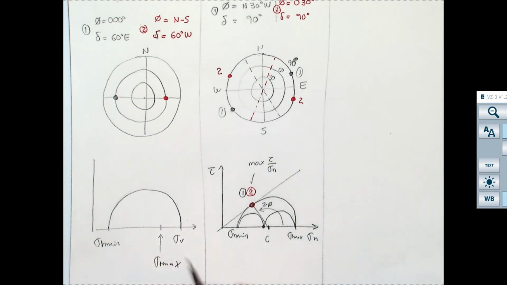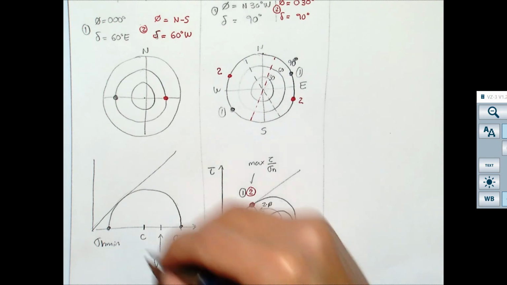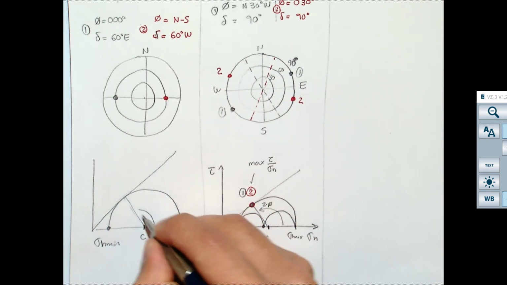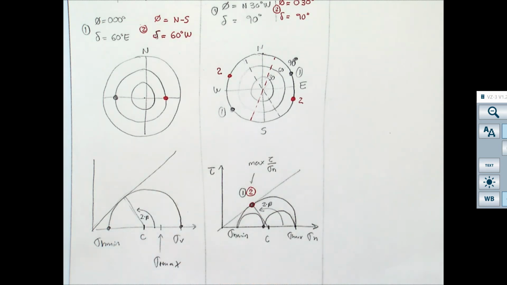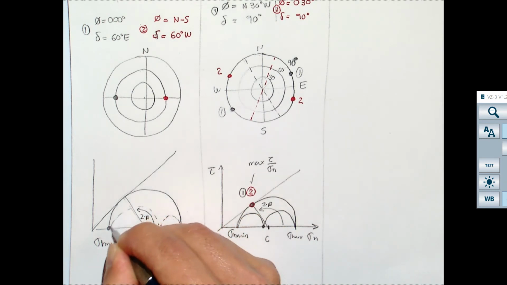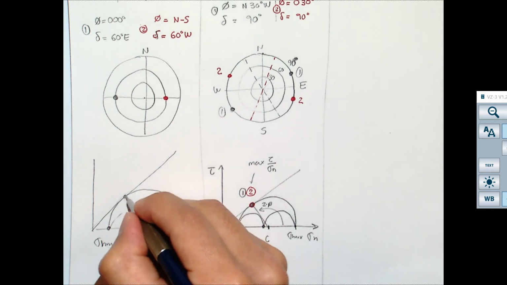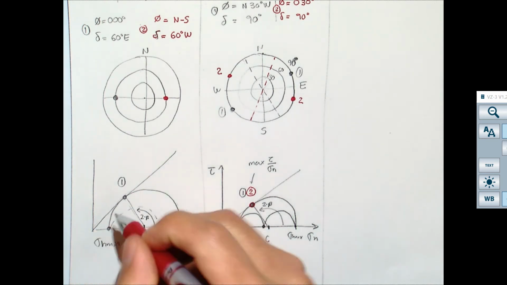The center of this circle is going to be, considering these 2 points, somewhere over here, and if this is a failure, this angle is 2 times beta. And let me just draw the other circles. There will be one over here, there will be another one over there. But let's not worry about those circles right now. The most important thing is to recognize that point, where here I have 1 and also I have 2.